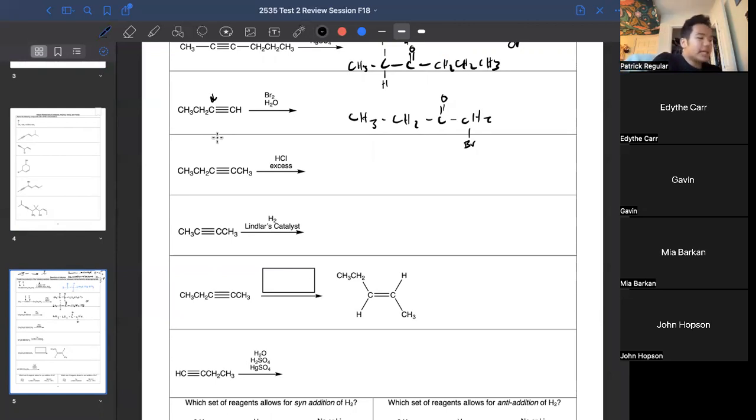Now, HCl in excess, that basically means we have excess HCl and we can assume that we have enough for two halohydrogenations. There are two products in this because, again, across the alkyne, they're both internal and internal. They're both secondary carbons. So the Cl or whatever that nucleophile is adding to doesn't really have a preference.